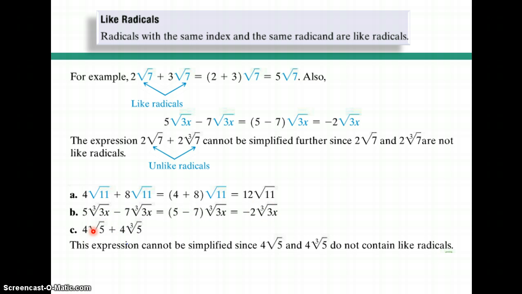Let us see some other example. 4 times square root of 5 plus 4 times cube root of 5. Here in this expression, square root of 5 has radicand 5, the index is 2, and in cube root of 5, radicand is 5, index is 3.